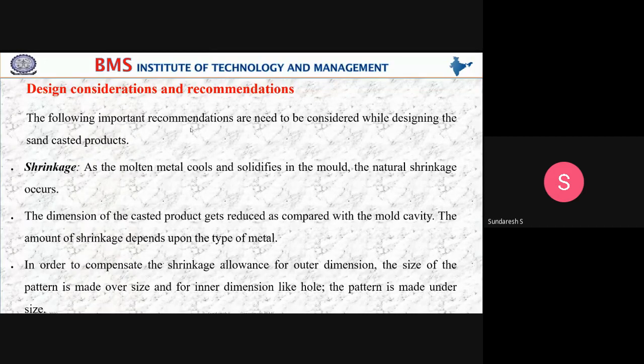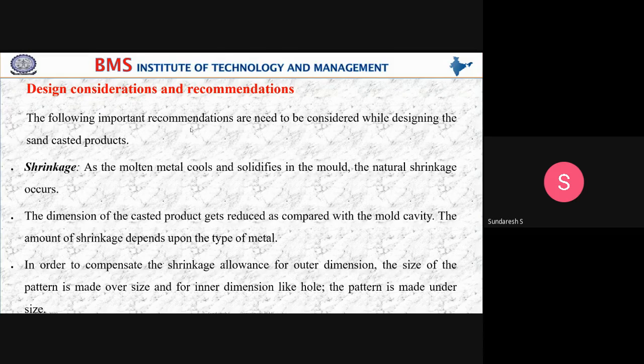As the molten metal cools and solidifies in the mold, natural shrinkage will occur. I think you might have experienced this when you completed your foundry and forging lab.